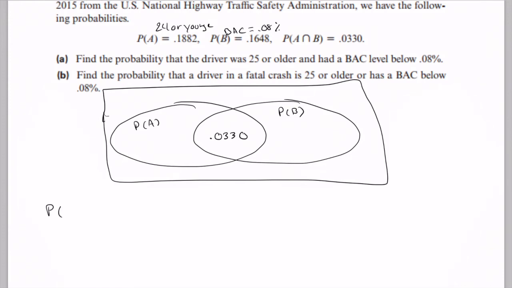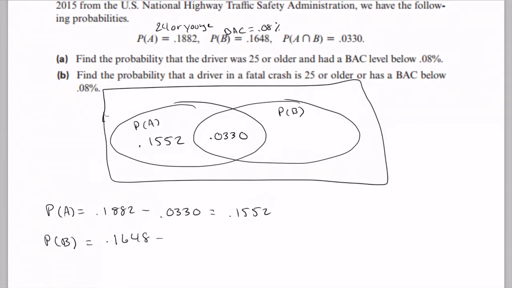So to find A only in the Venn diagram, we have that P(A) is 0.1882, but we're going to subtract 0.0330 because we're already using that part. So that's going to give me 0.1552. Same thing for probability B. Probability B states 0.1648 minus 0.0330 equals 0.1318. Okay?